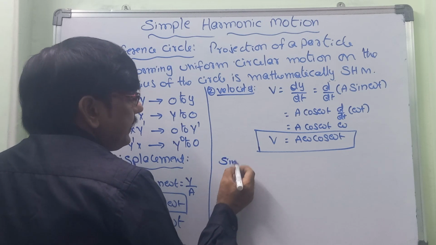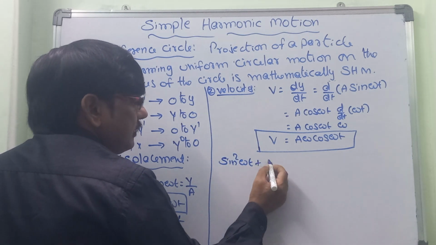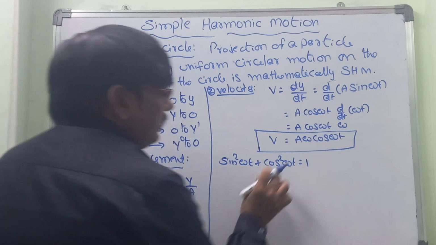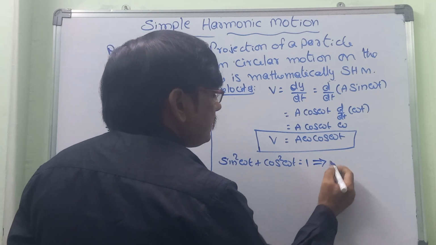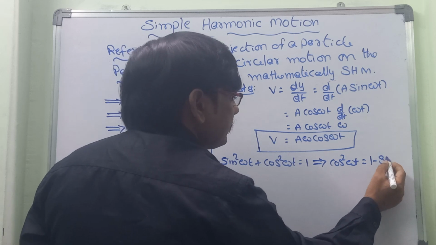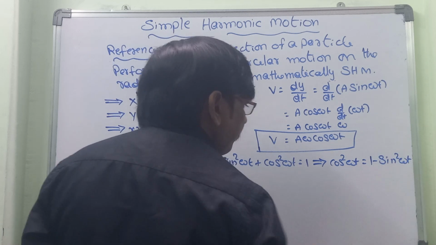Sin square omega t plus cos square omega t is equal to 1. From this, cos square omega t is equal to 1 minus sin square omega t.